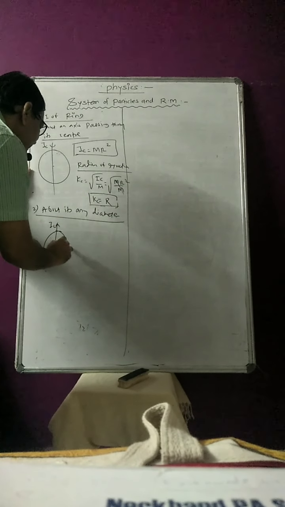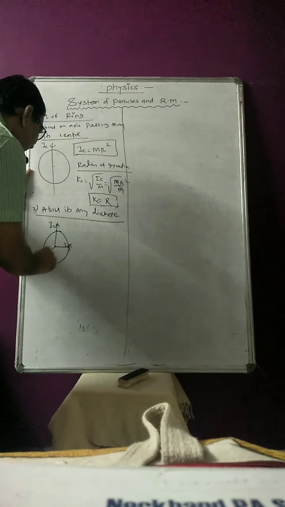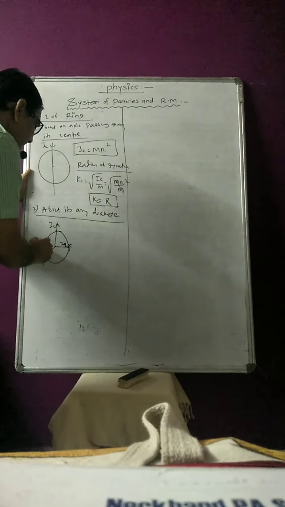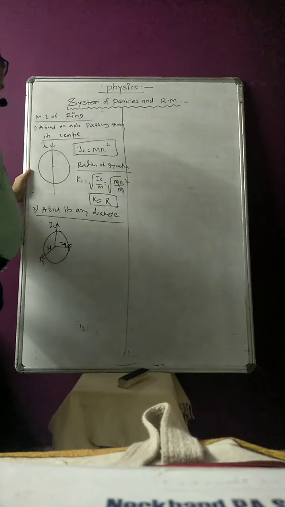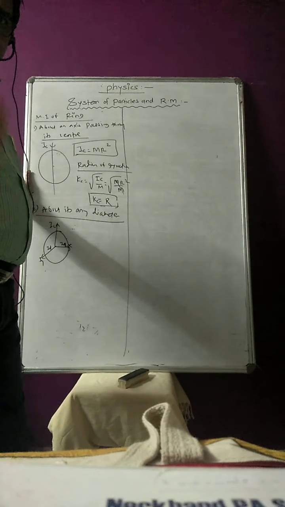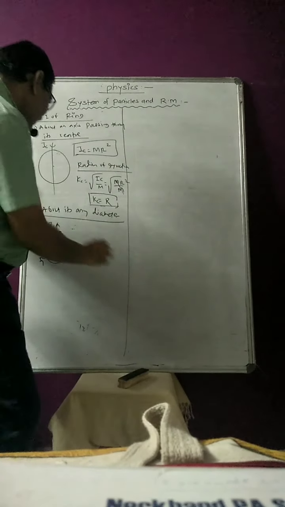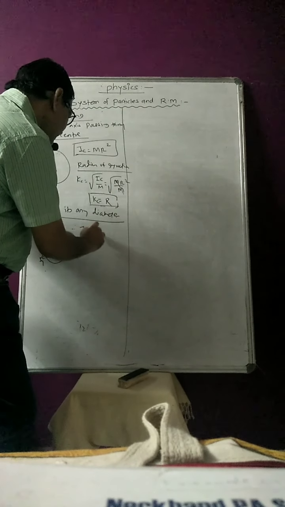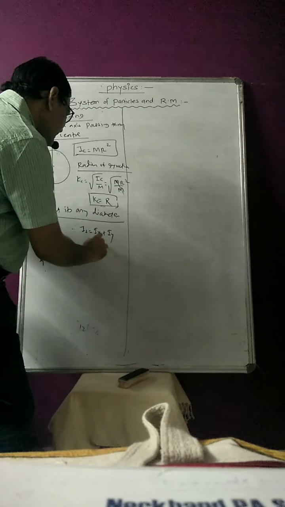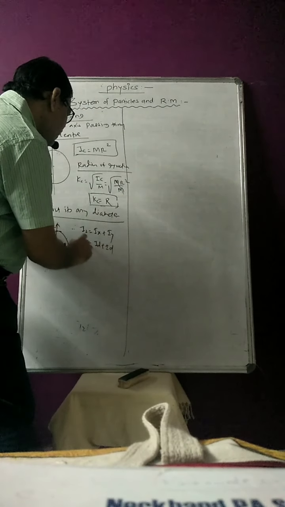So this is Iz, this is Ix, this is Iy. So this is also Id, this is also Id, because these are the diameters of the ring. According to the perpendicular axis theorem that you have already studied, Iz is equal to Ix plus Iy. But here Ix is also Id, Iy is also Id.